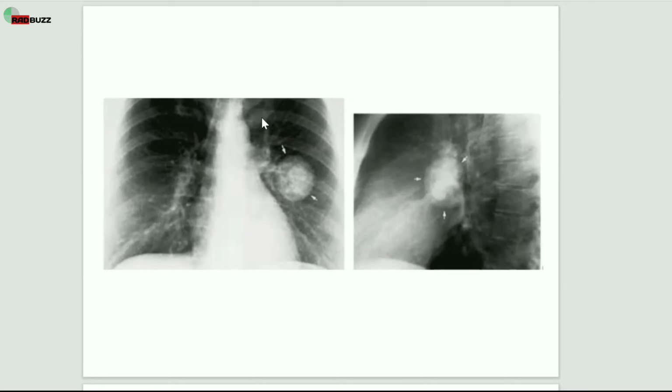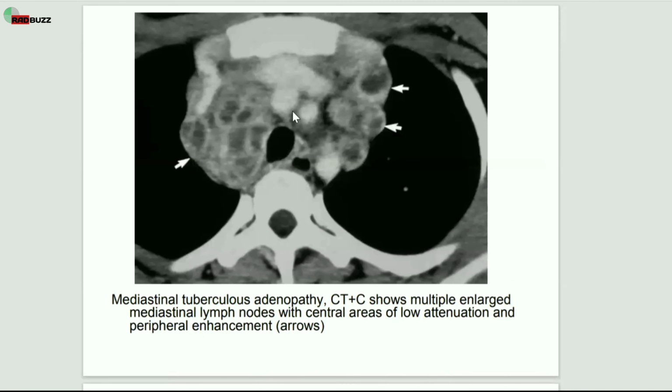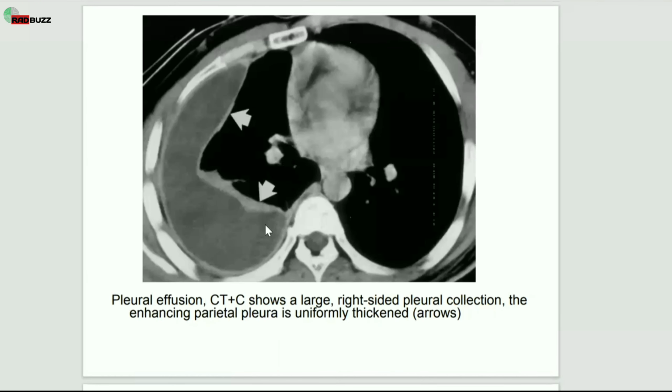You can draw out all the borders like with a pencil. Okay, this is the appearance on CT for centrally necrotic, meaning low density nodes in the mediastinum only. So these are present at multiple stations of prevascular, left anterior, right anterior mediastinal, paratracheal, pretracheal recesses.